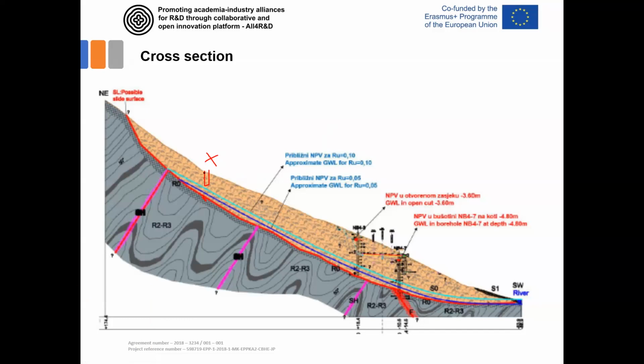It doesn't serve any use. So we always need to drill the hole down to the material that is not prone to sliding. For example, it usually enters this good material for, let's say, 2 to 5 meters.